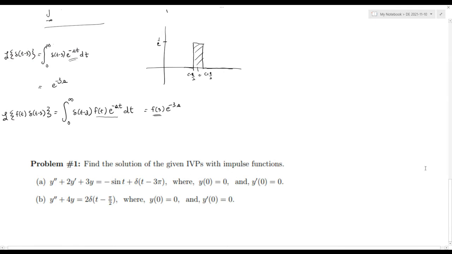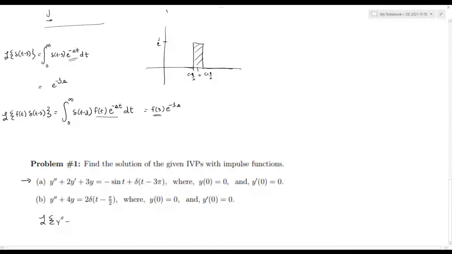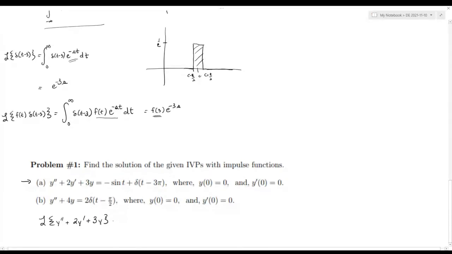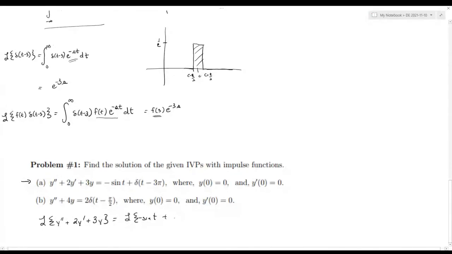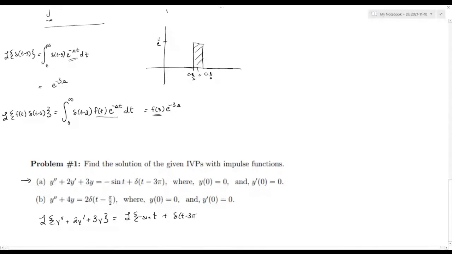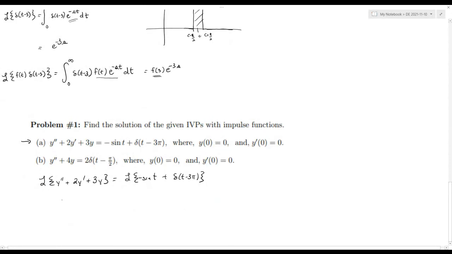All right. So we're going to take the Laplace transform of part A. We're going to have the Laplace transform of both sides. Of course, the Laplace transform is linear, so you can just take the Laplace transform term by term.